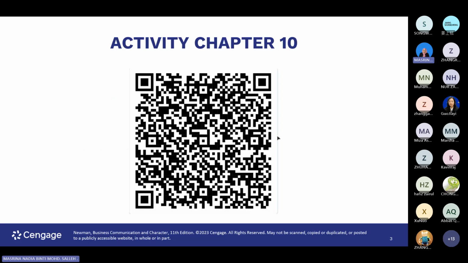So for this chapter, I want you to scan this. Oh, how do I remove these notations?